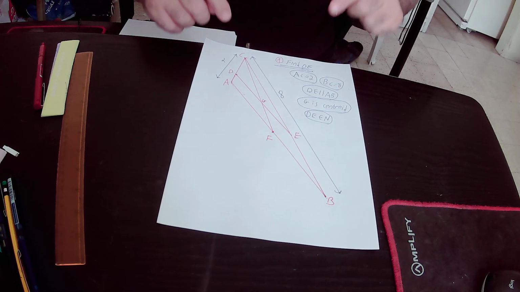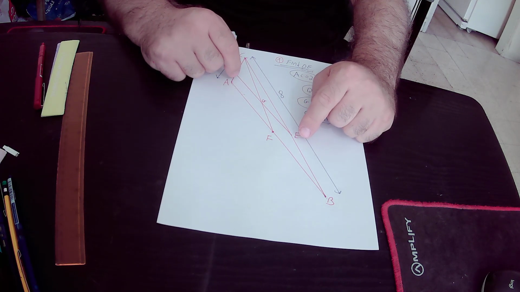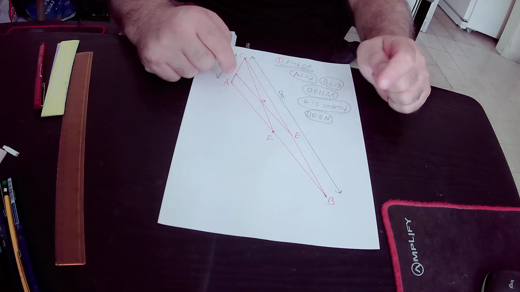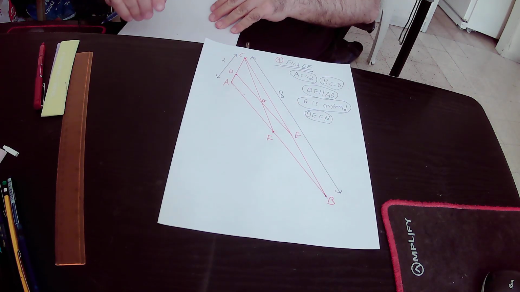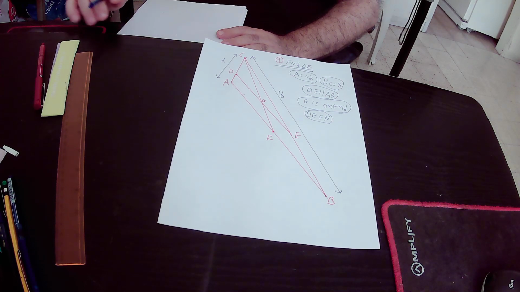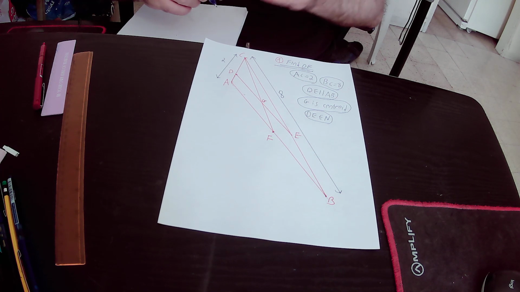And we want to find out the value of DE, the size of DE. We know that DE is a natural number. So, first of all, we have a rule that relates to the centroid of a triangle.